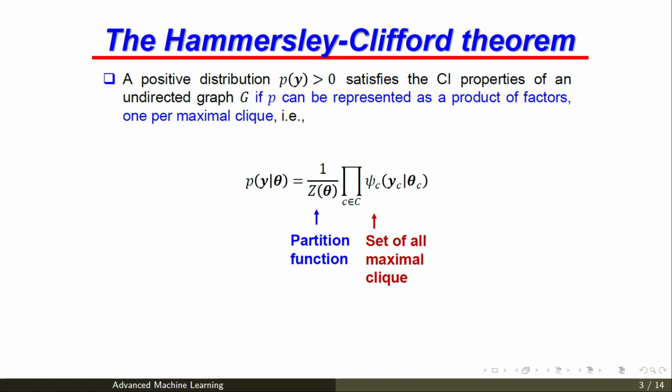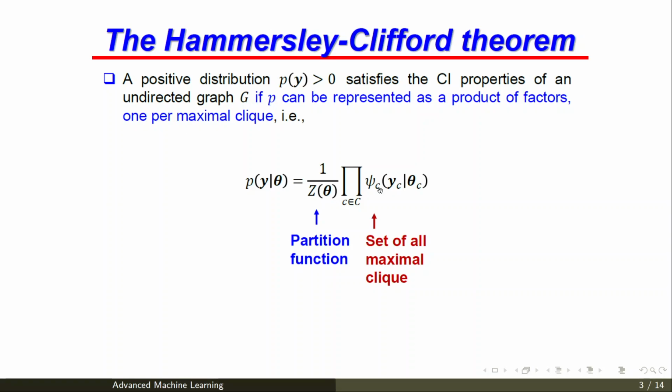Actually, the Hammersley-Clifford theorem says that the joint distribution of all the variables in an undirected graph is the product of potentials defined over a maximal clique divided by the partition function, 1 by Z theta. So the joint distribution of all the variables in an undirected graph is the product of potentials defined over maximal cliques.